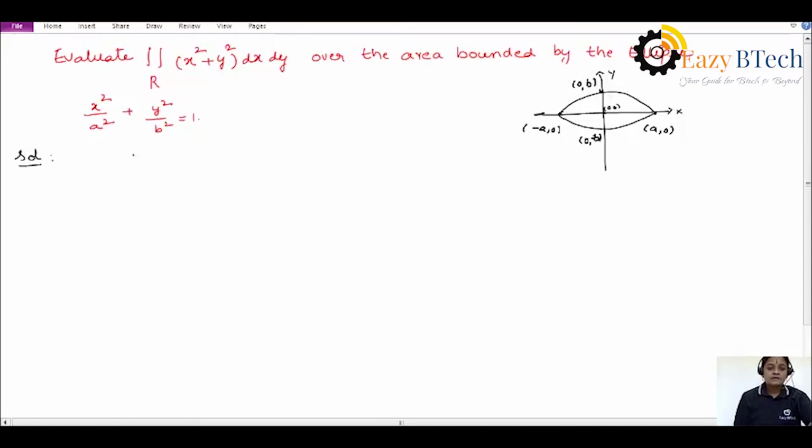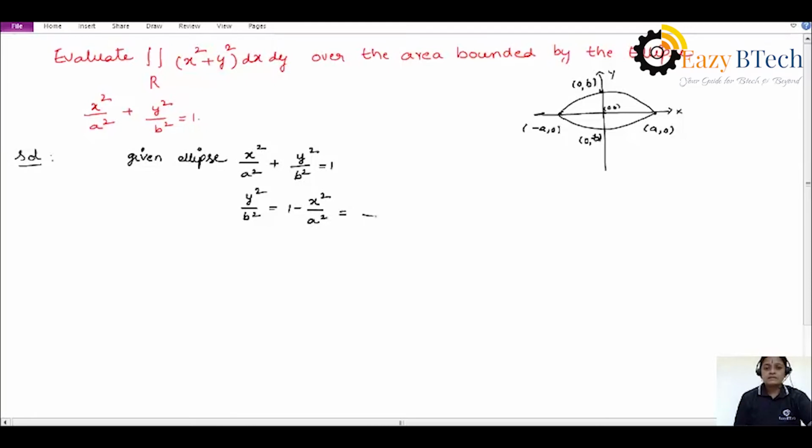So the ellipse equation, so given ellipse is x square by a square plus y square by b square is equal to 1. So okay, y square by b square, using this ellipse equation only, is 1 minus x square by a square.